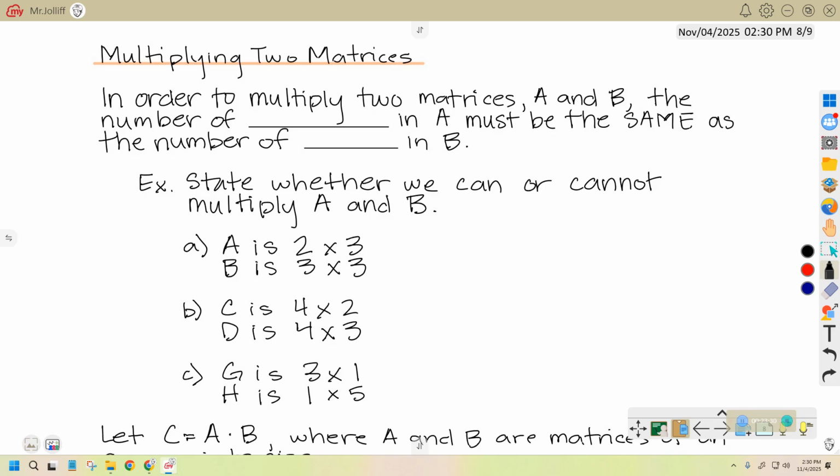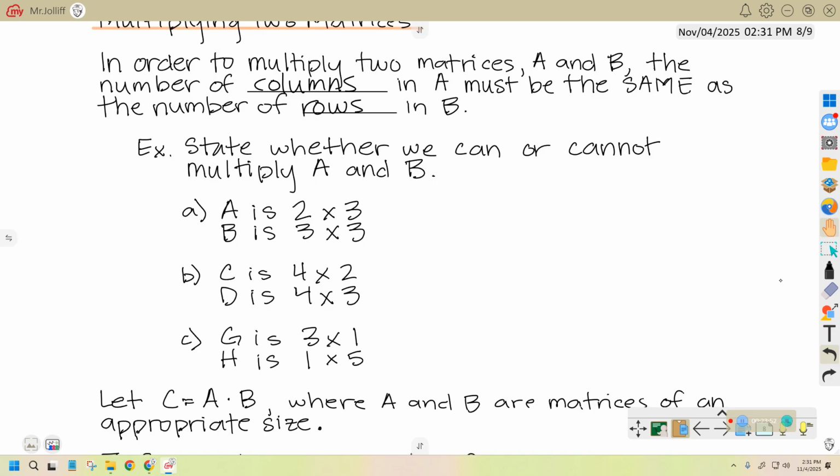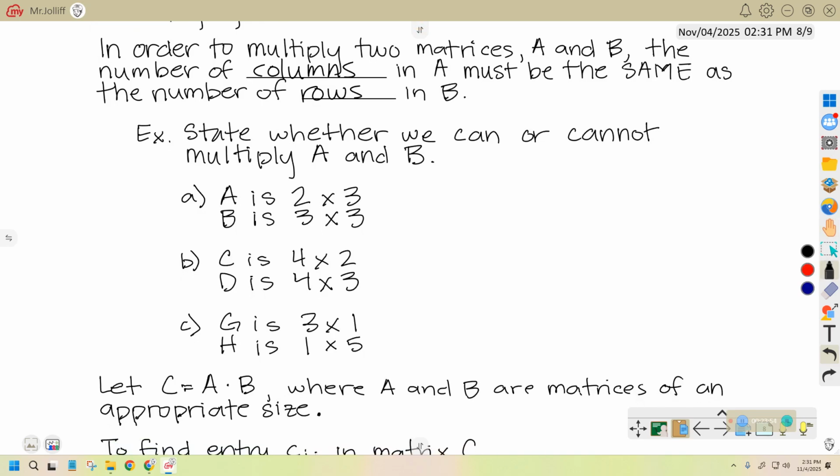So I am checking that the number of columns in A is the same as the number of rows in B. Second number for A matches first number for B. And we're going to check before we do the math.